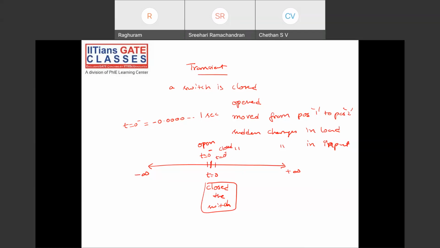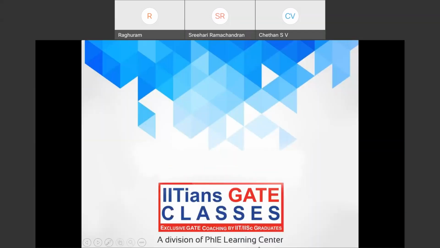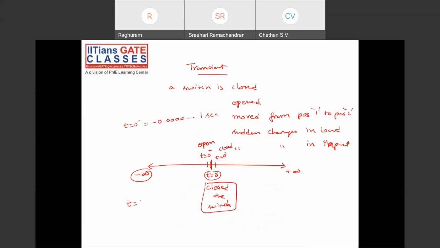Between minus infinity and t equal to 0, these two are what you call transient conditions. And t equal to 0 minus and t equal to infinity are steady state conditions.